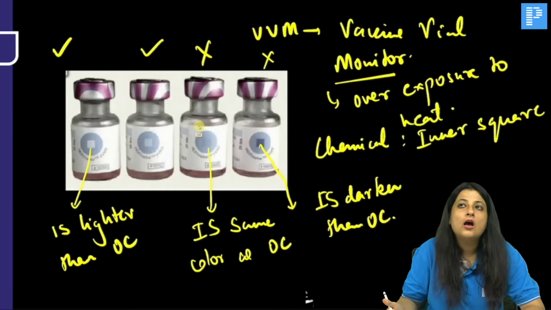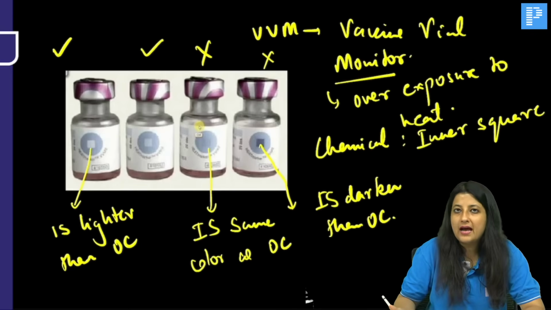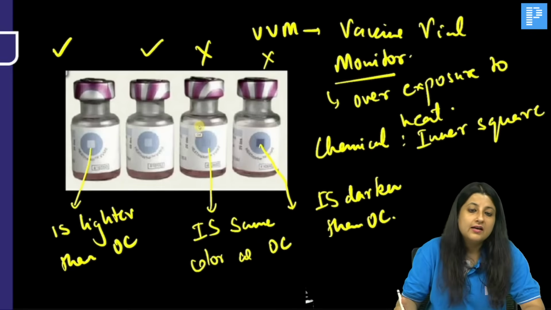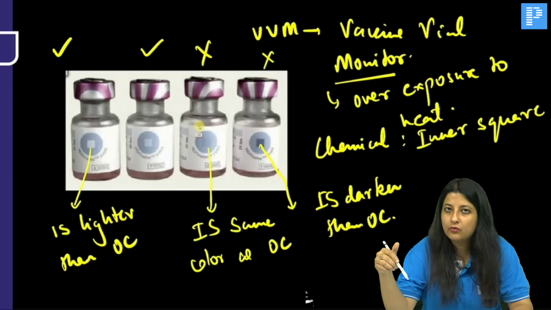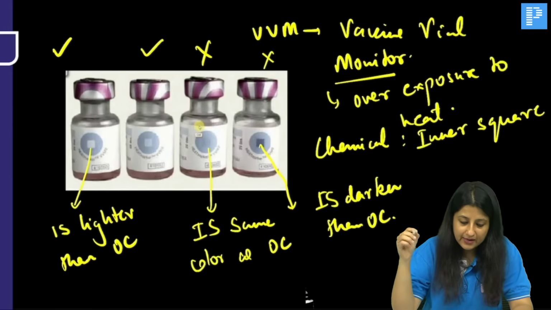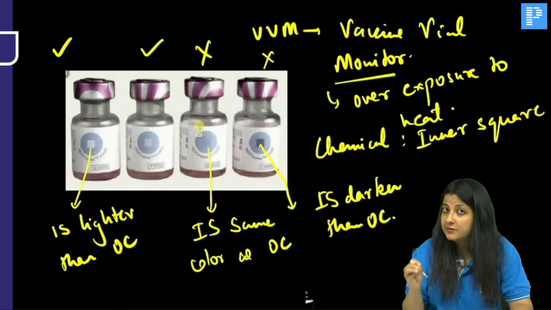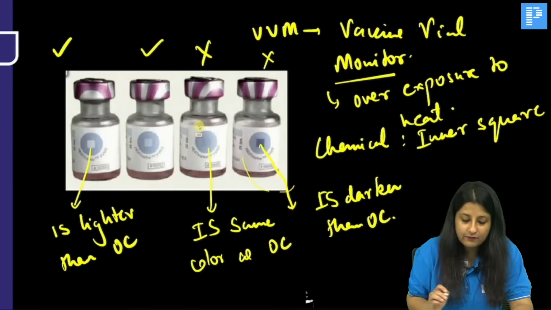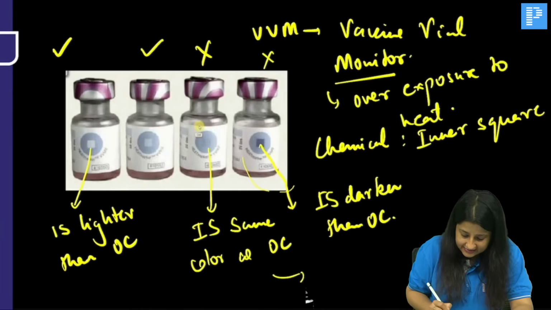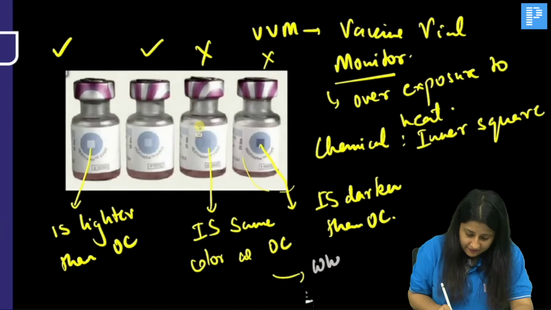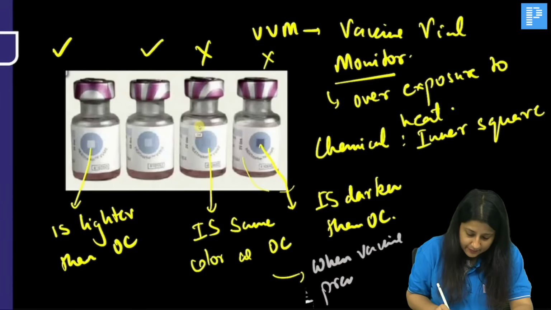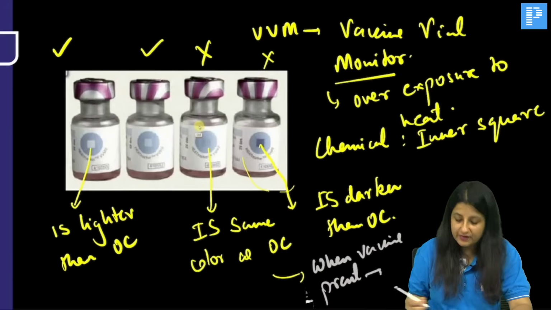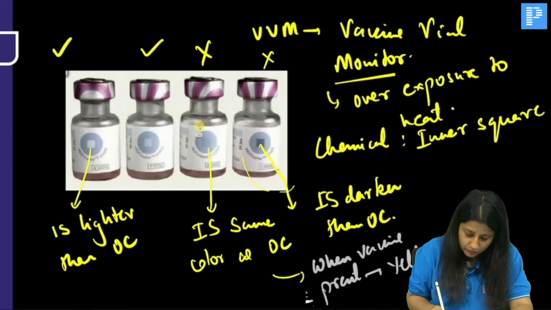Another question, where are you going to discard? Blue bag or yellow bag or red bag or black bag or white bag? कहाँ पे discard करोगे? Suppose the VVM has expired. Which color bag? You're not going to discard in blue because it has the vaccine in it. When vaccine is present, it becomes biotechnology waste, so it has to go into the yellow bag.